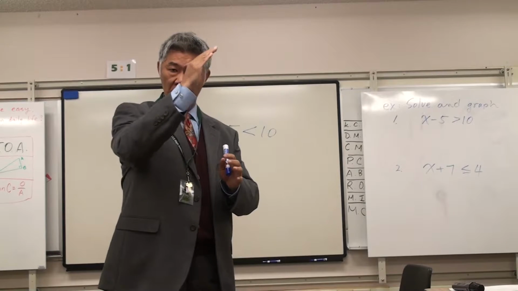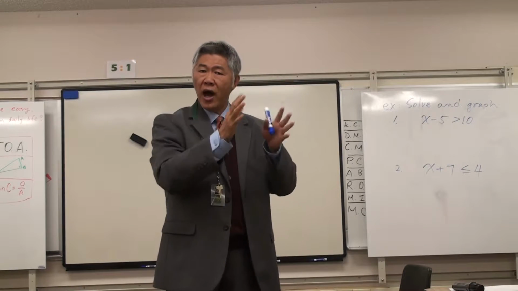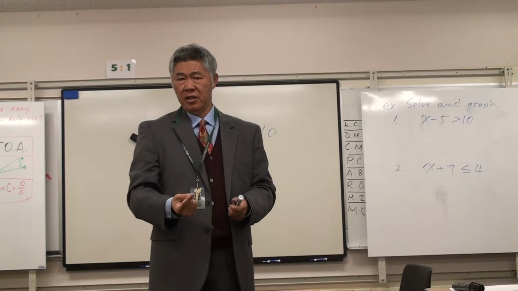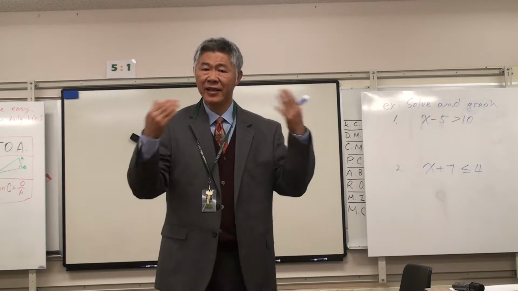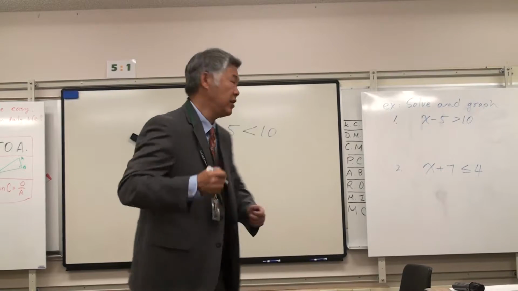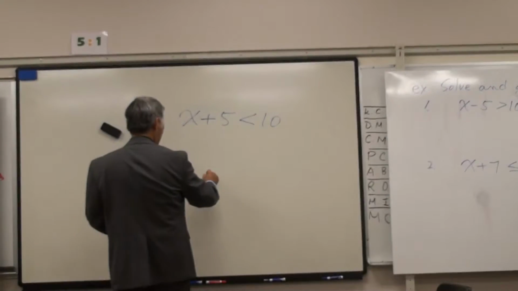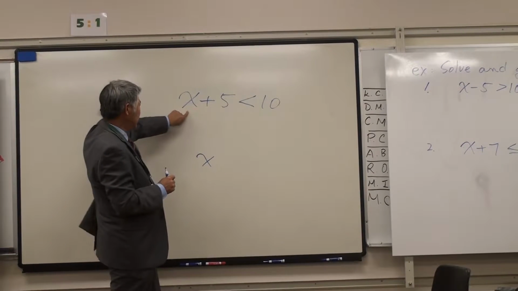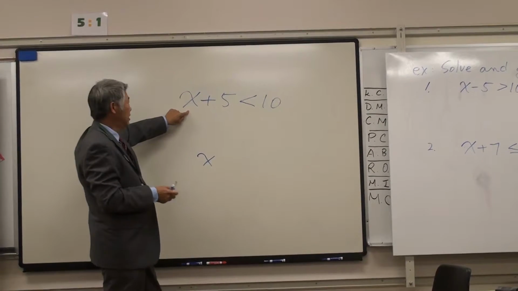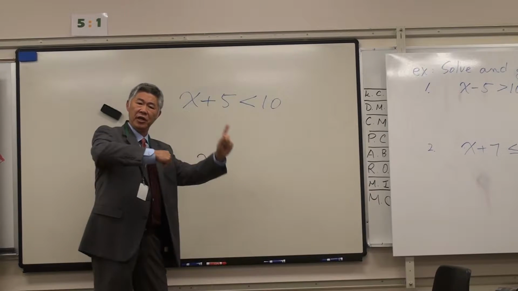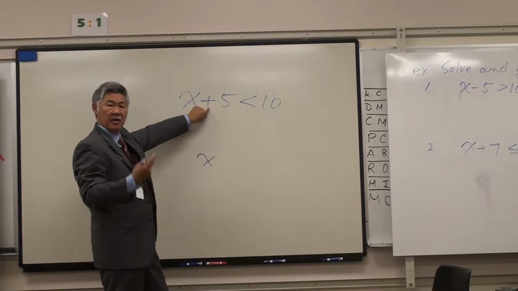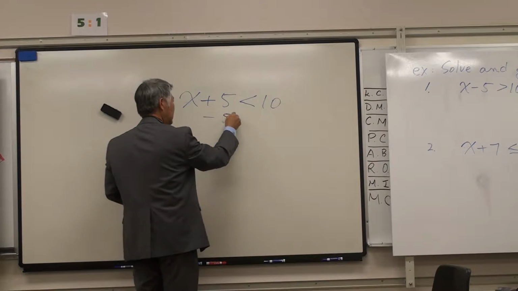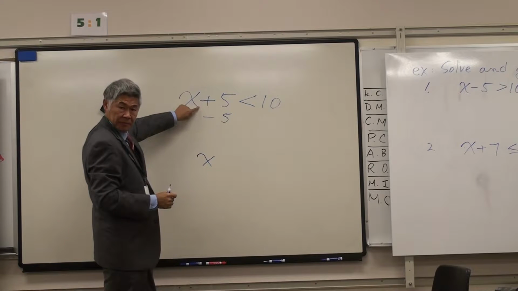You do that in solving inequality also. Now, in this case, I want to get x by itself, so I want to get rid of the 5. x can be isolated by doing the opposite operation. When you see positive 5, in order to cancel the 5, you need to subtract. That's what it means by opposite.